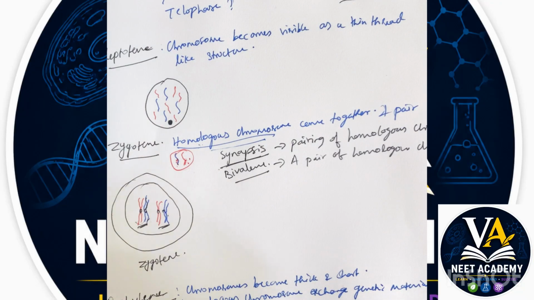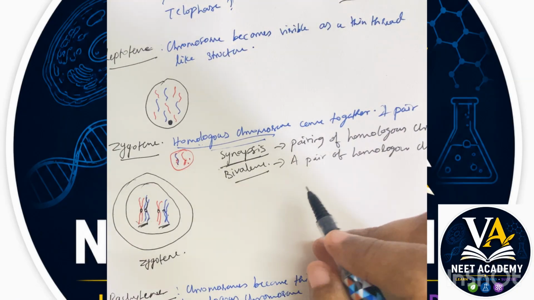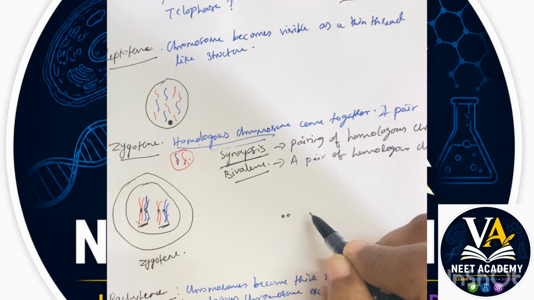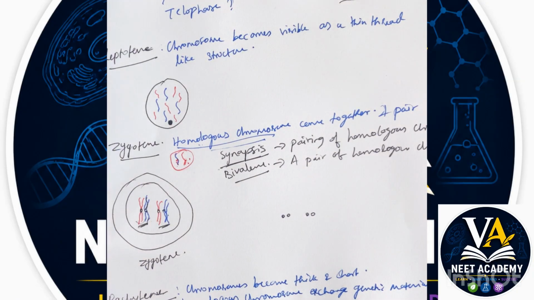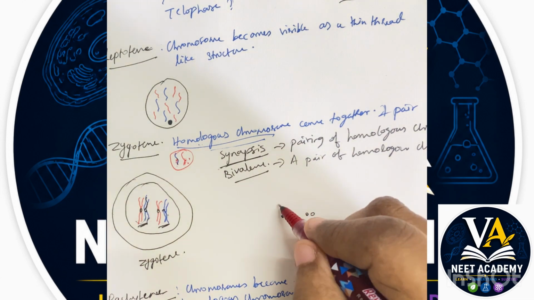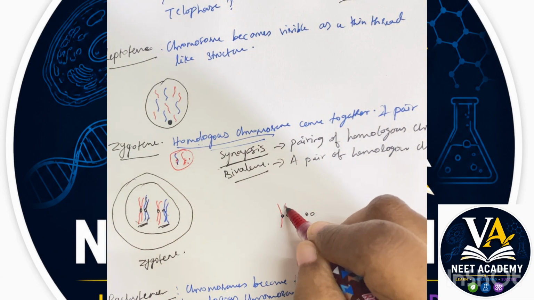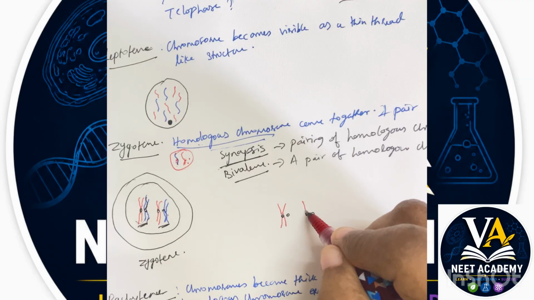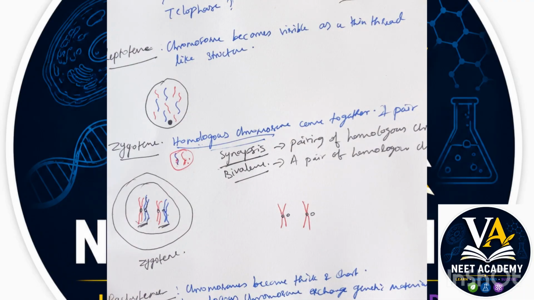You will very easily understand what I am going to say. So let us try and draw the diagram of the Pachytene stage. Here are the homologous chromosomes, the father's chromosome and the mother's chromosome. I'll tell you what is actually happening.